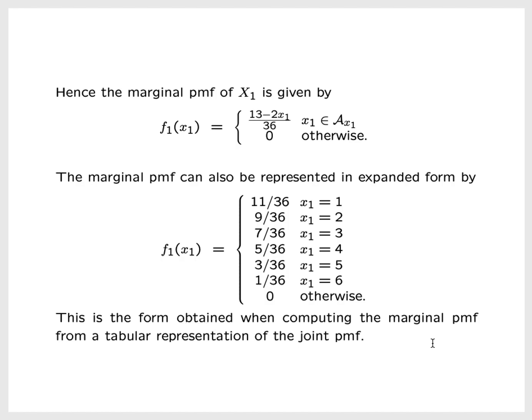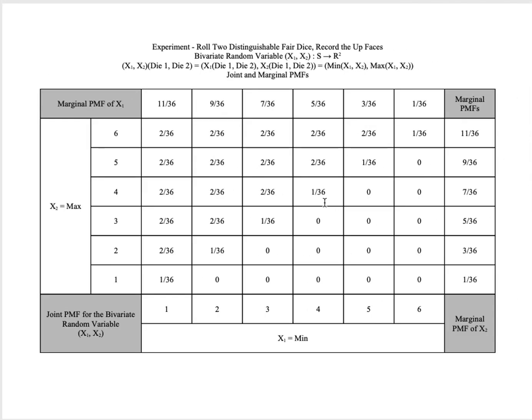Now, this expanded form is obtained when computing the marginal PMF from a tabular representation of the joint PMF. And so if we look at, let's see here, let me bring this up. Here is a tabular representation of the joint PMF. And we've seen a similar table in a previous example. But what I've done is I've added margins at the top and on the right-hand side.